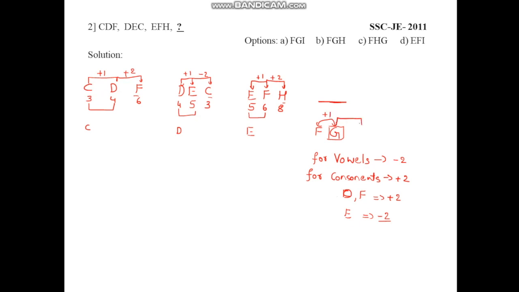Next G to something it should be +2 because it is not a vowel, it is a consonant. When it is a consonant it is +2. When we add +2, F is 6, G is 7, so +2 is 9. Which is 9? It is I. So the answer is F, G, I. Is it there in the options? Yes, it is option A.